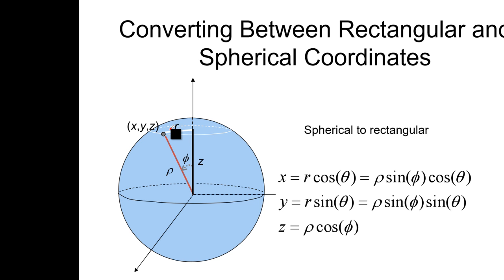So initially I have derived x, y and z in terms of r, that is the distance of the point to the z axis, but I want this in terms of rho. So what I will do is, I will again make a conversion from this r to rho. So what is the conversion?